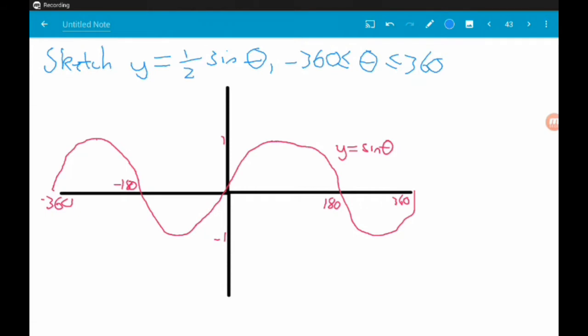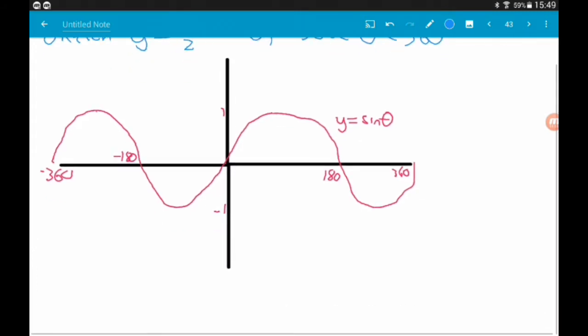Okay, this time we're doing y equals 1/2 sine theta. So this time we have a number multiplying the whole function. So this is going to affect our y values. It's a stretch. Well, it's actually a squash. It's a squash along the y-axis. How do we know it's a squash? Because the value is fractional.